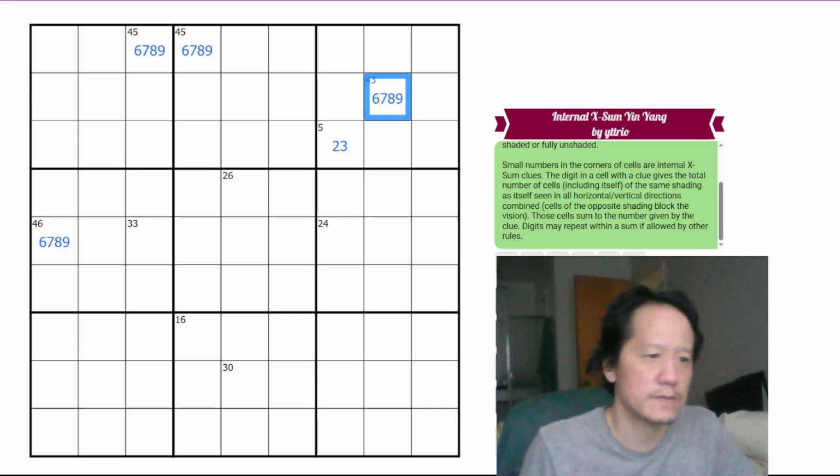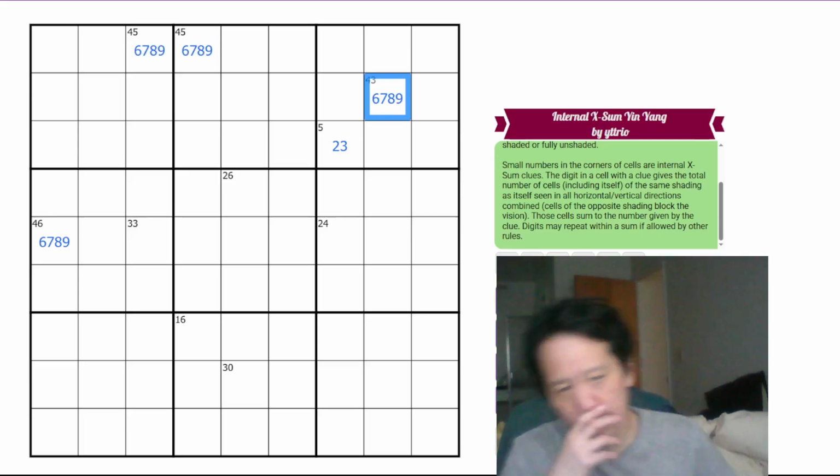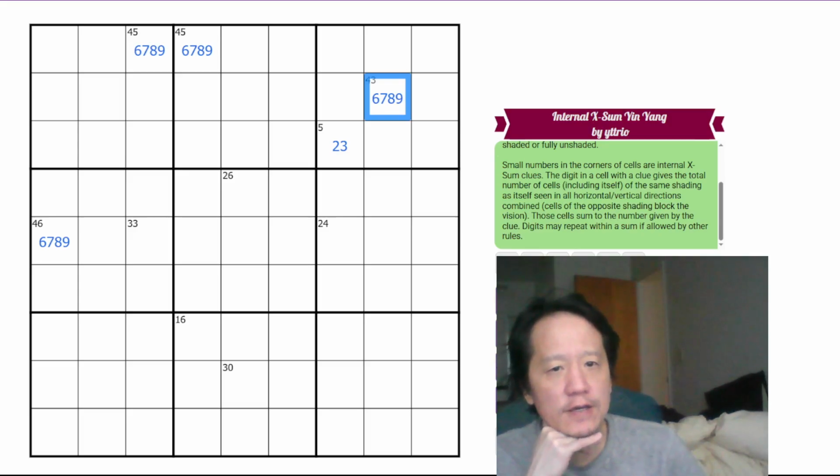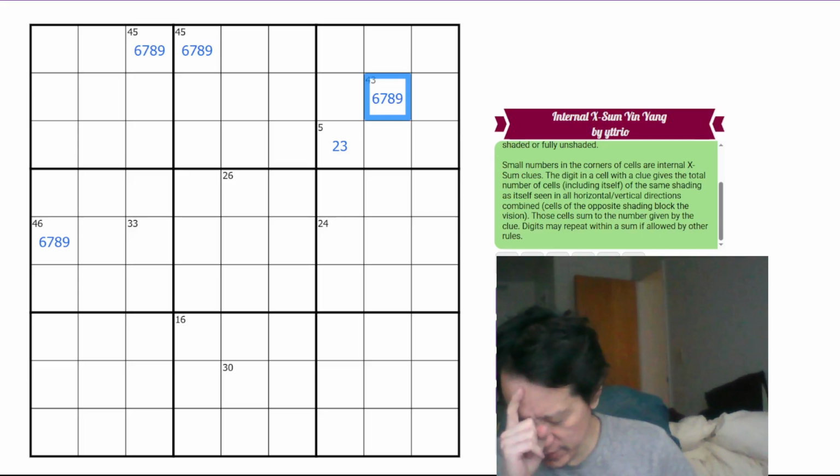Let's see. To add up to 30, let's see. Can you have... What does 4 add up to? 4 would add up to, at most, 8 and 9 plus 9.